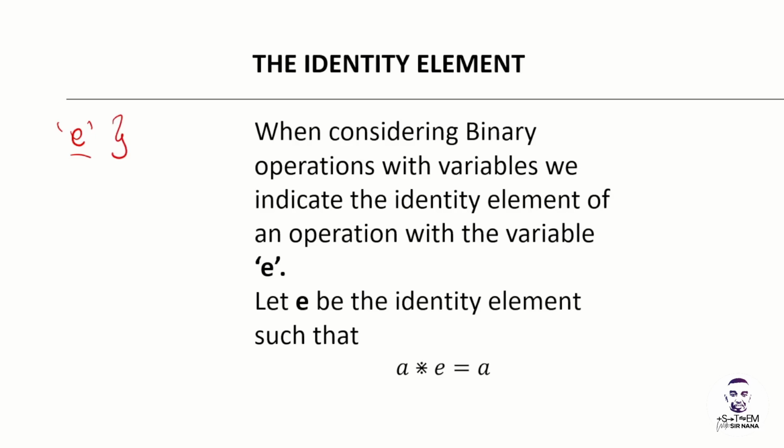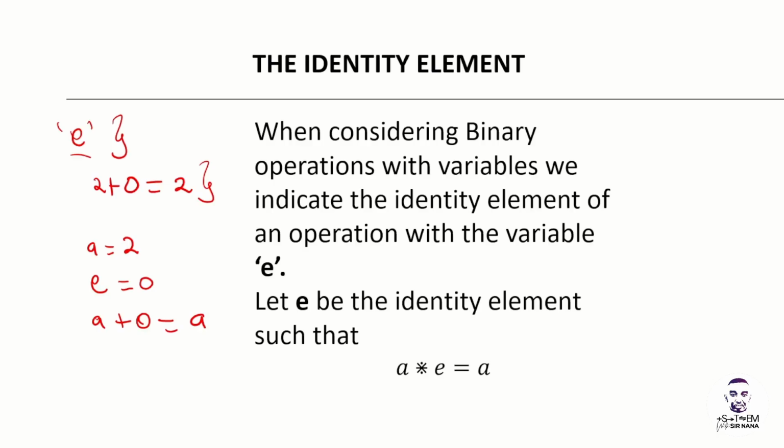The identity element operates in such a way that, for instance, for addition, 2 plus 0 gives us 2, so we know that the identity element is 0. Let a be equal to 2, and let e, which is the identity, be equal to 0. In terms of variables, we can say a plus 0 is equal to a.